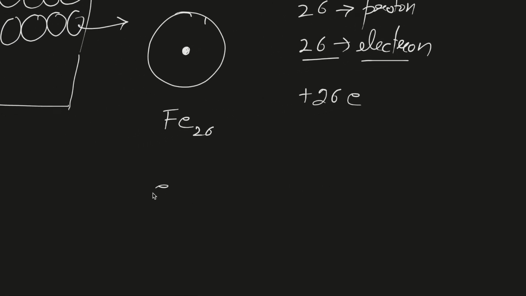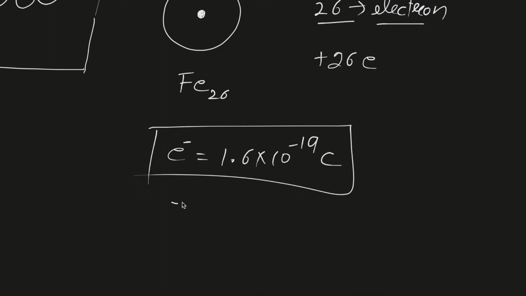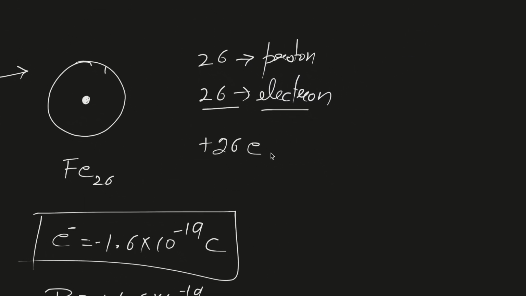The charge on the electron is nothing but negative 1.6 into 10 to the power minus 19 coulomb, and the charge on the proton is positive 1.6 into 10 to the power minus 19 coulomb, and basically these numbers are equal.